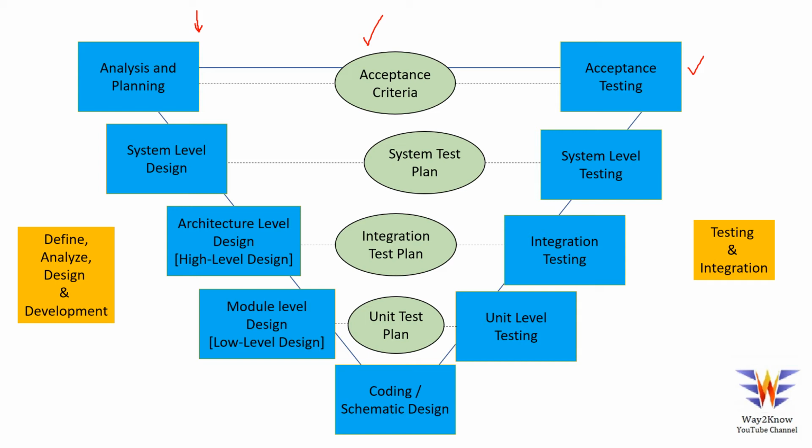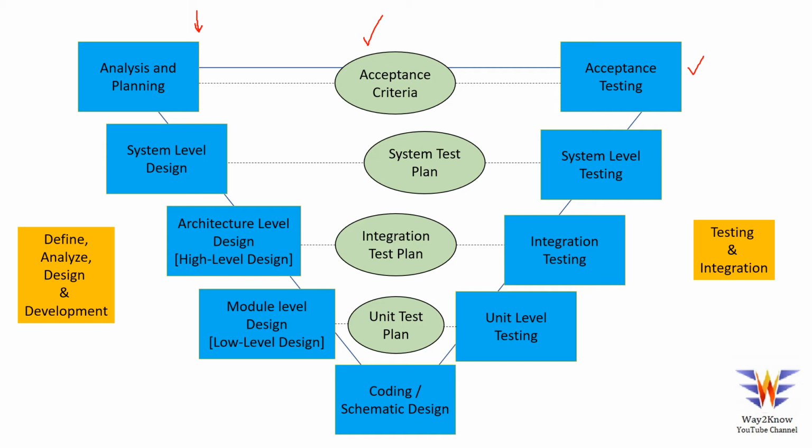Post the system level design, there is architecture level design, which is more about defining the block diagram and related sections. This is also called a high level design, and it is linked to integration testing using the integration test plan.